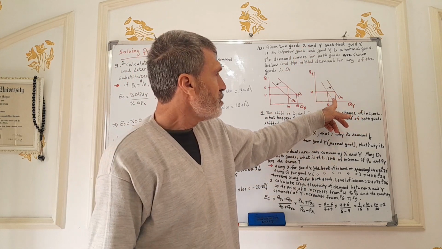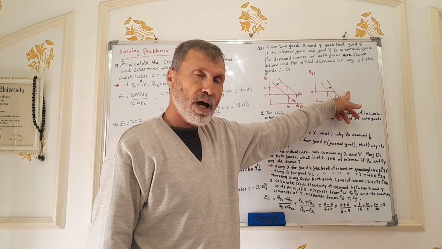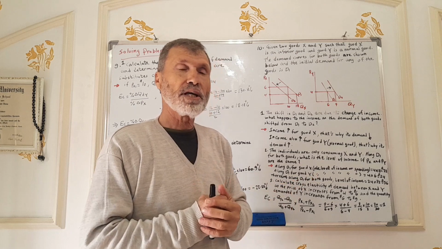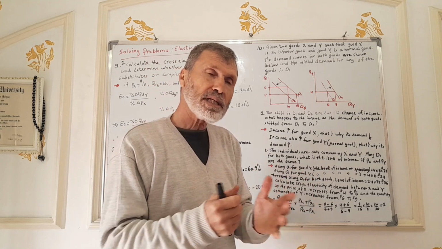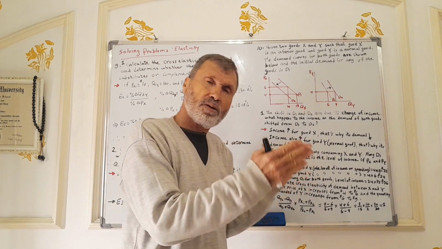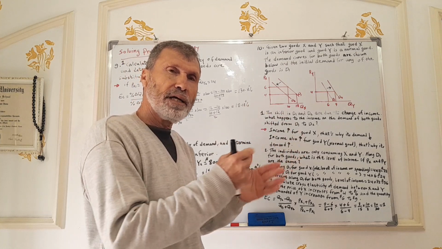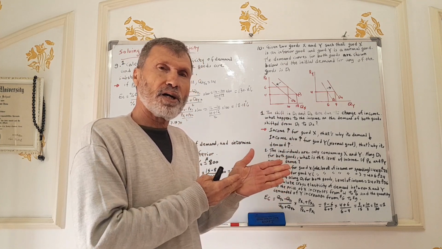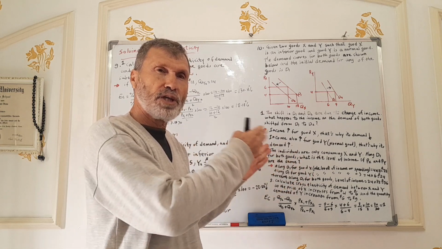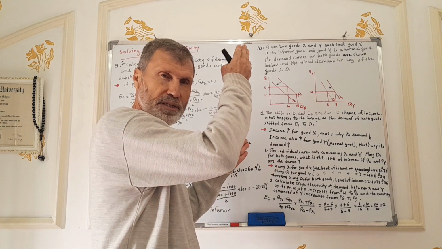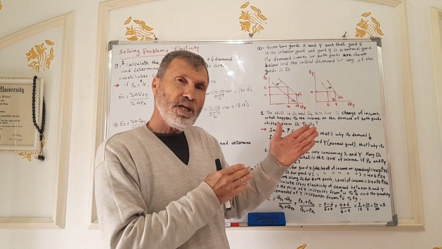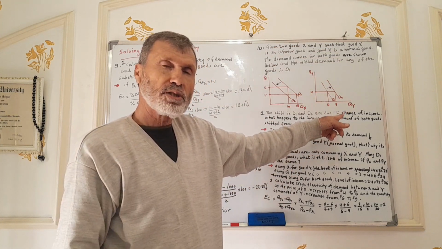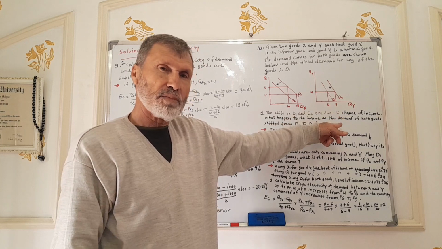So as you can see, in both goods, good X and good Y, income has increased. However, D1 for the inferior good has shifted to the left because income increased, and D1 has shifted to the right for good Y, a normal good, because income increased.